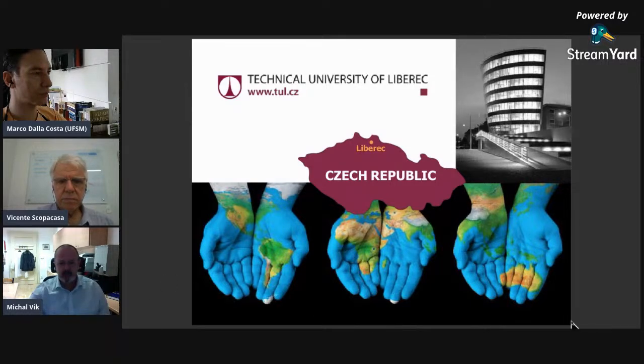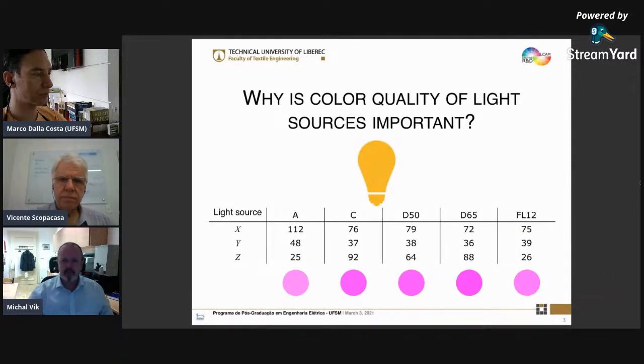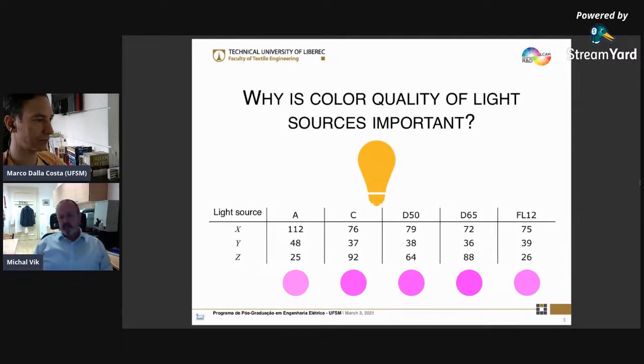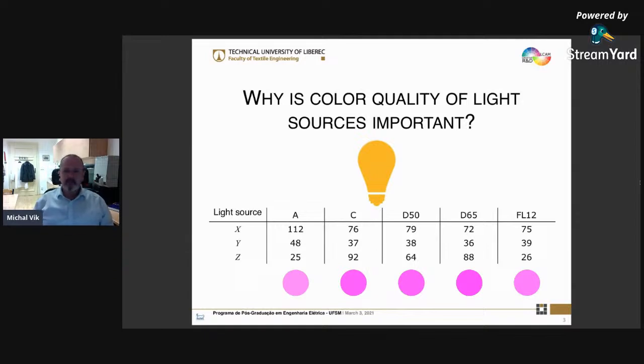If we were thinking about colors, we can ask why the quality of color rendering of light sources is so important.